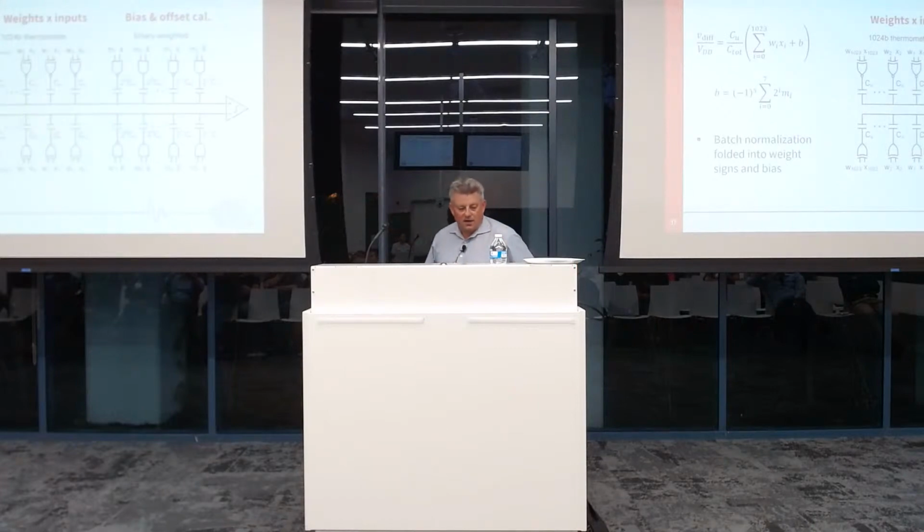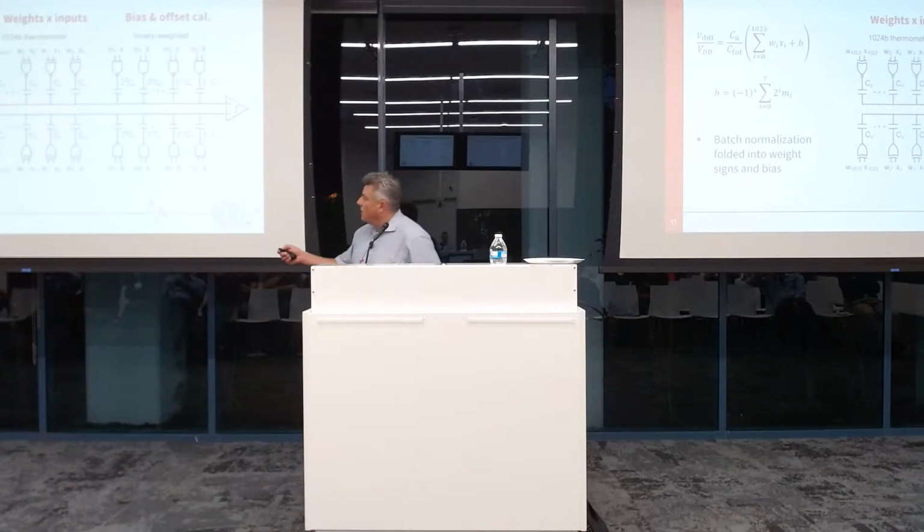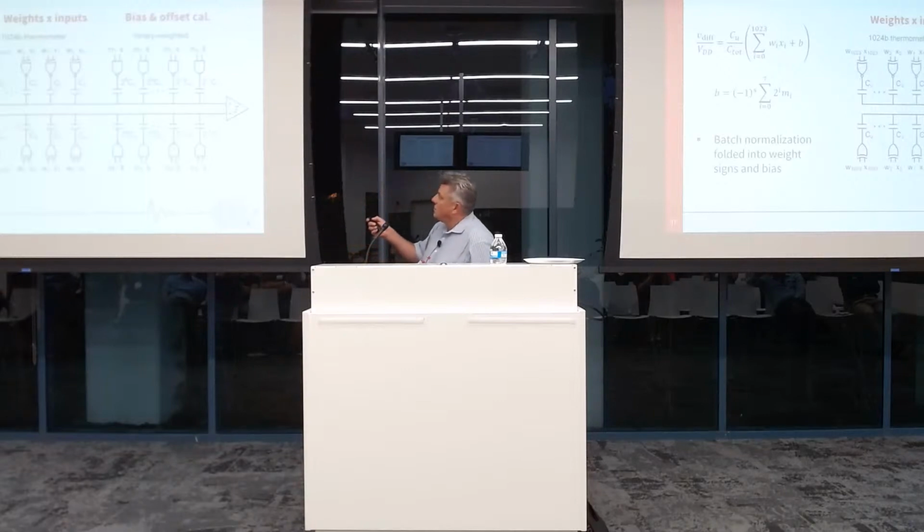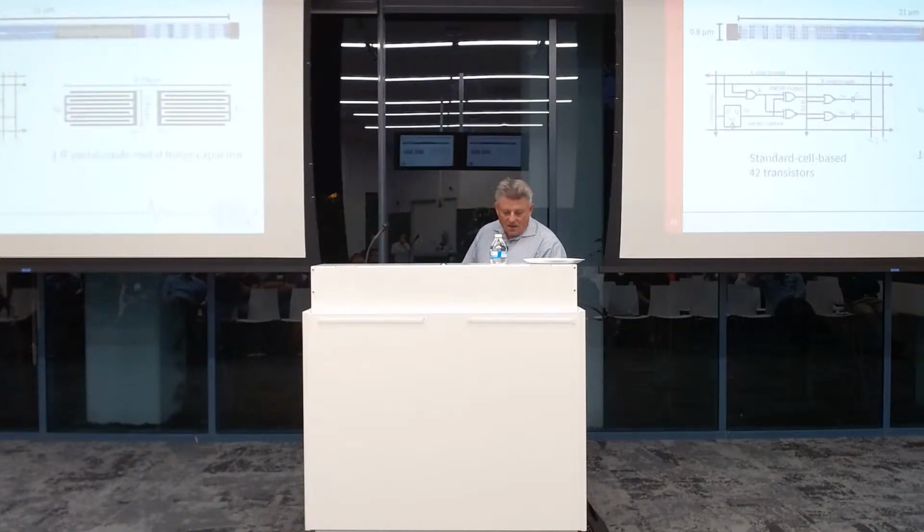So here's a look into this unit. This is for the analog guys in the room. This is this array of 1,000 caps with the multipliers. They charge share on a long wire. And on this wire, we can also inject the biases, which are required in any neural network. And here we also do offset calibration of this slicer that generates the output activation. So this can be tiled very nicely.